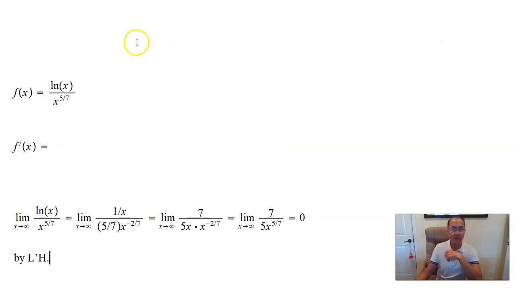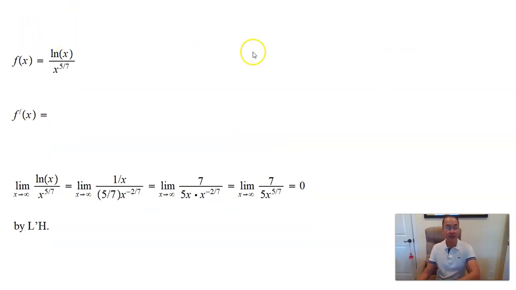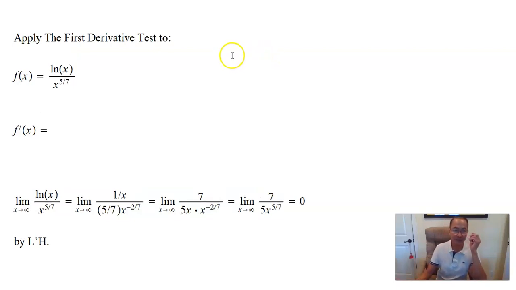Okay, so now we need to show that our sequence is decreasing so that we can apply the first derivative test to the parent function, ln of x over x to the 5 over 7. Okay, so we have the quotient rule.